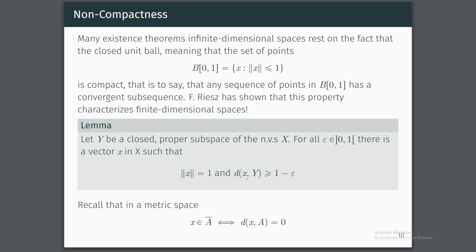Essentially, we're trying to prove that the distance between x and Y can be made to be greater than a fixed value. What we're gonna do is use this fact to build a Cauchy sequence. We're gonna keep building sequences where the distance between x and all of the previous terms is greater than 1 minus epsilon.